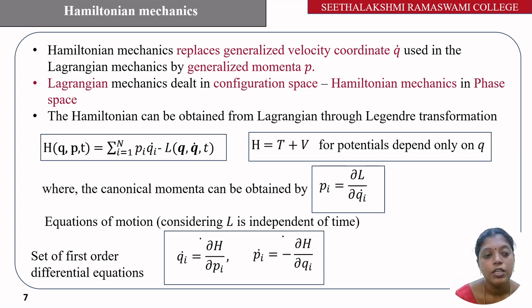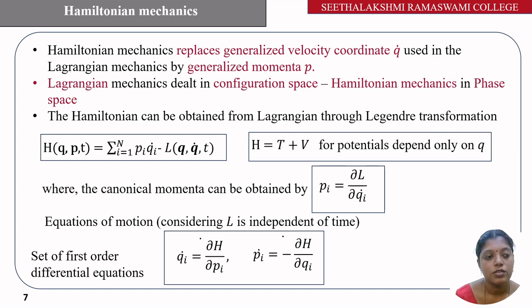How will you do that? We can obtain the relation between p and q dot from the Lagrangian itself, where p_i is equal to dou L by dou q_i dot. From this expression you can obtain the relation between p and q dot, so that you can replace all the velocity coordinates present in the Hamiltonian by momentum coordinates.